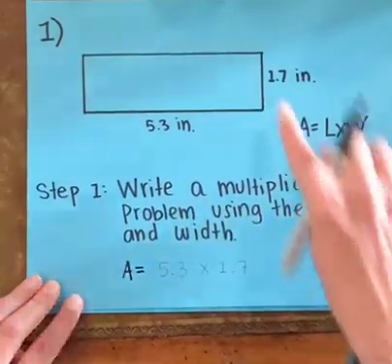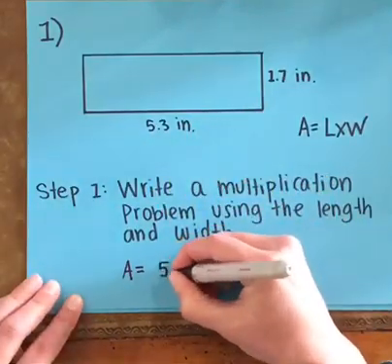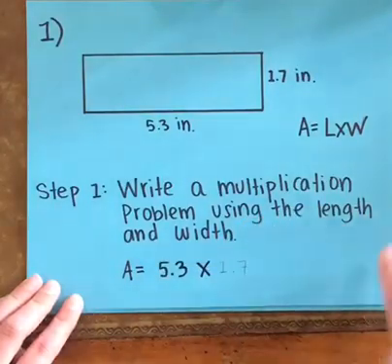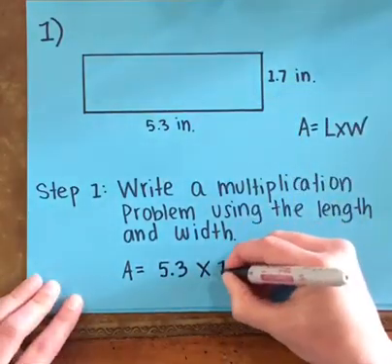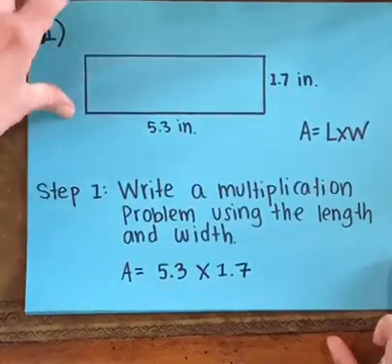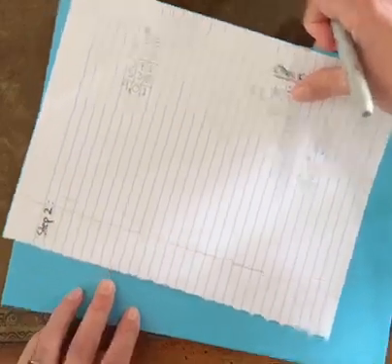So in this case, the area of this rectangle is the length, 5.3 inches, times the width, which is 1.7 inches. I'm next going to move on to solving that problem in step 2. So my step 2 is solving the problem.